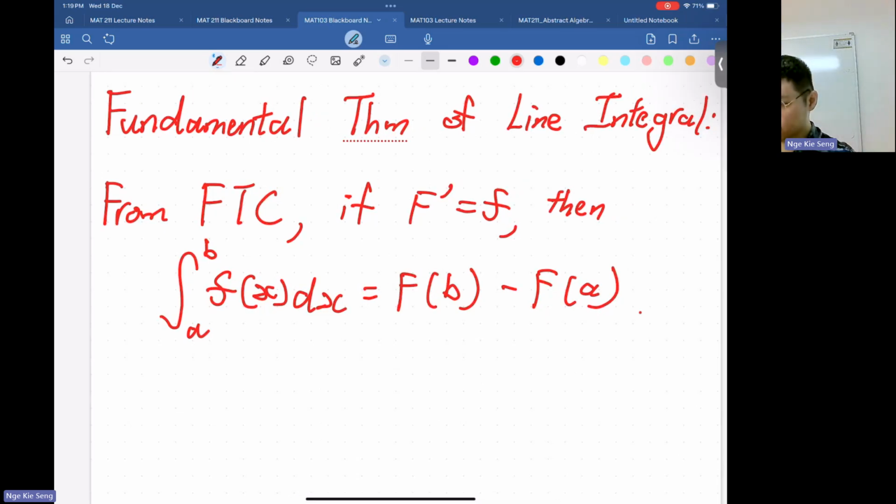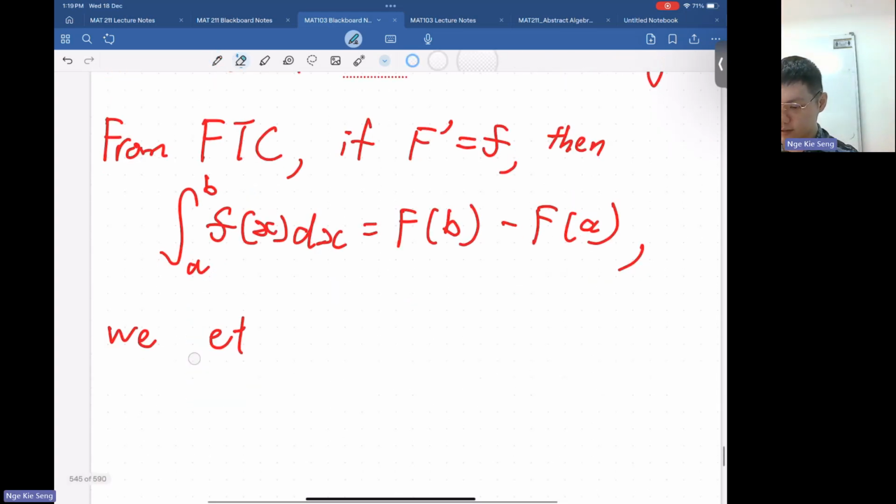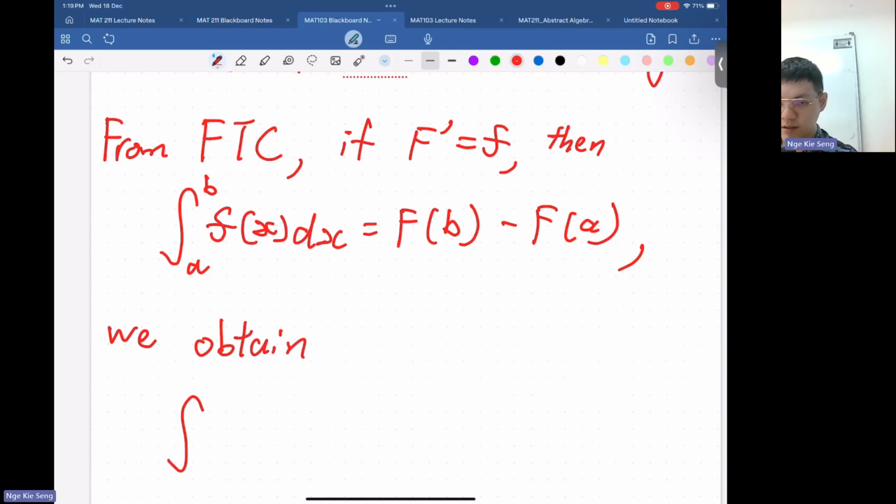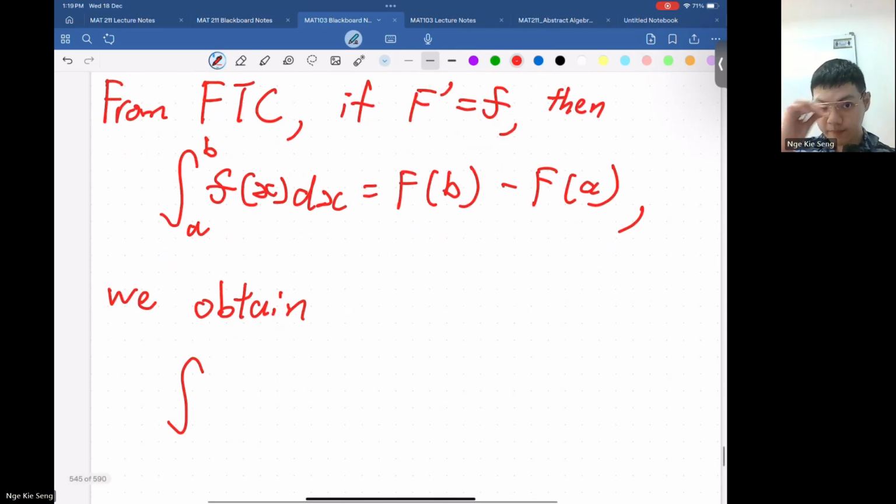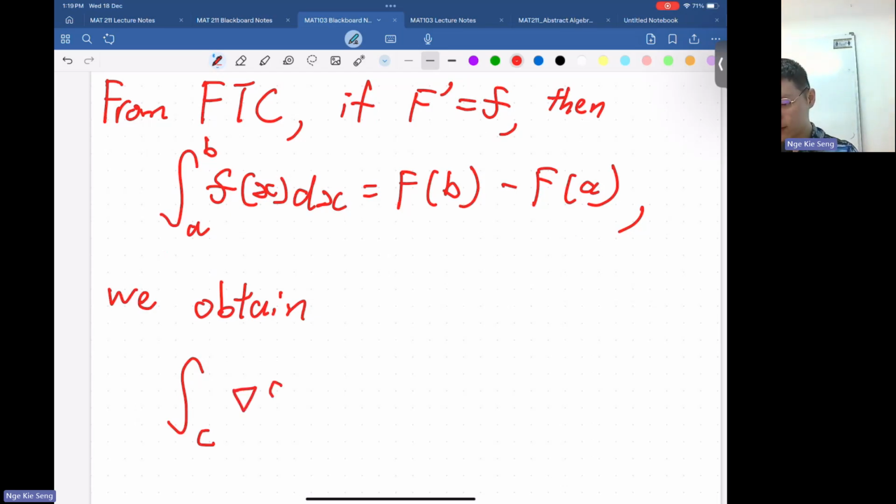But for the fundamental theorem of line integral, what do we get? From here, we can obtain what? The integral of a curve. Okay, line integral, right? We do a general line, and then integrate over what? Over a gradient function now. Okay, sorry.